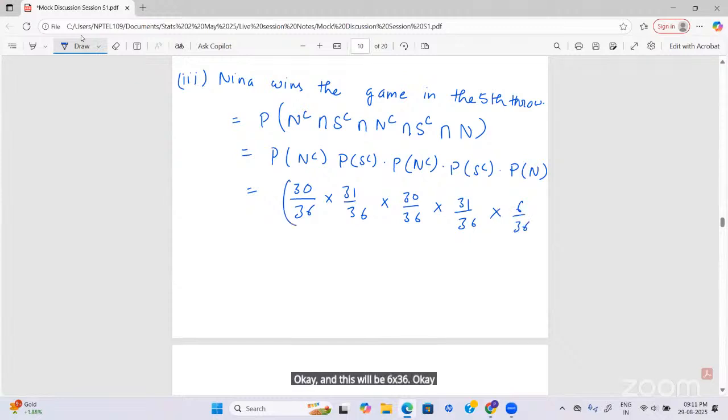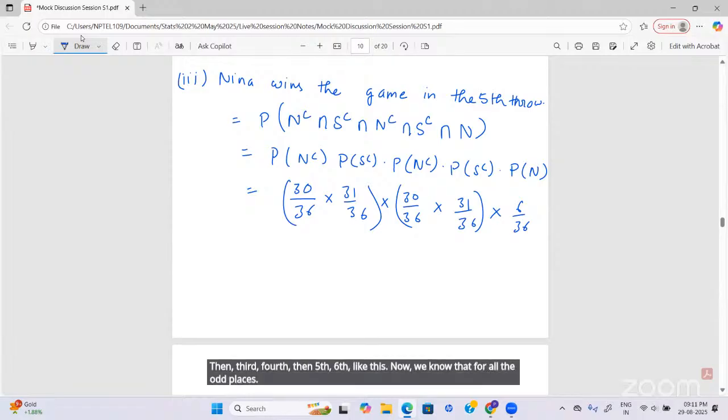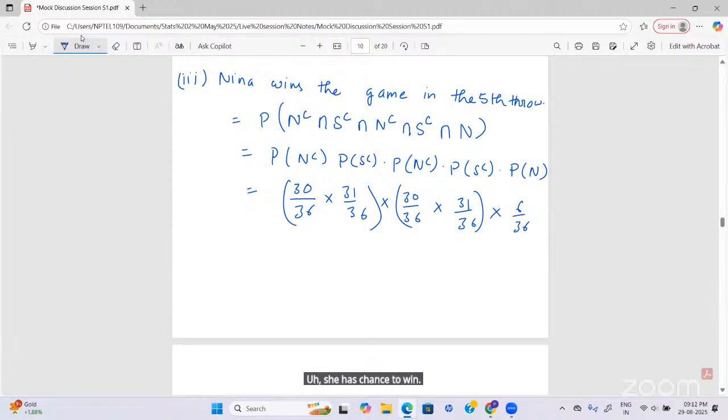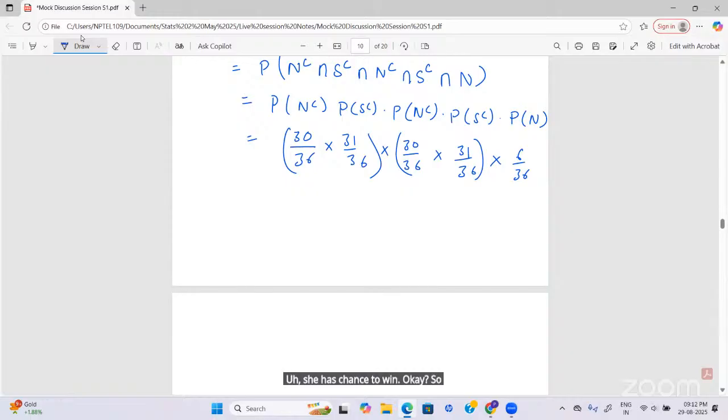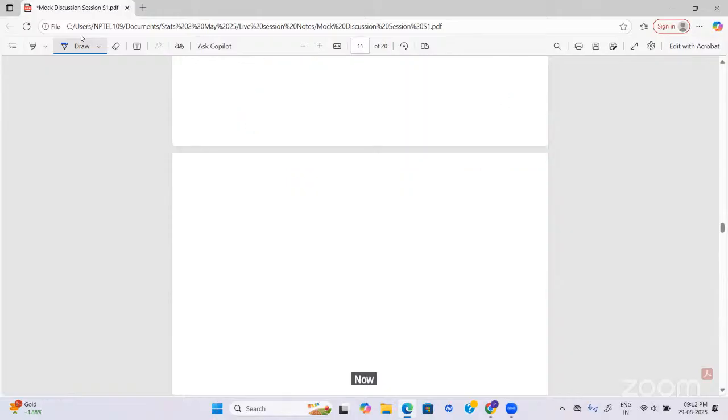These two, first, second, then third, fourth, then fifth, sixth, like this. Now we know that for all the odd places, she has a chance to win, so it will go up to infinity. Now we have to calculate the final probability of Nina winning the game.